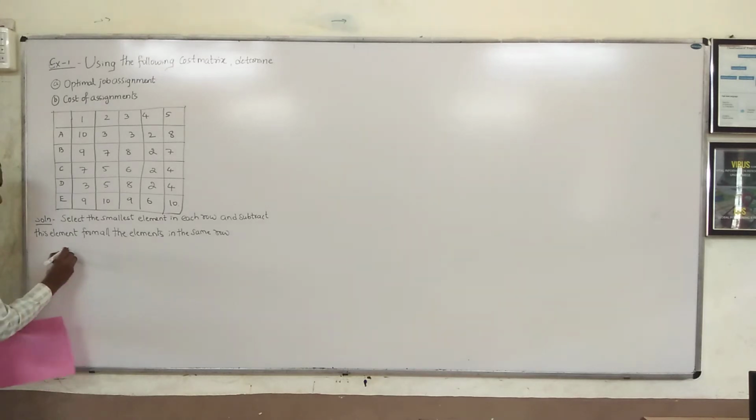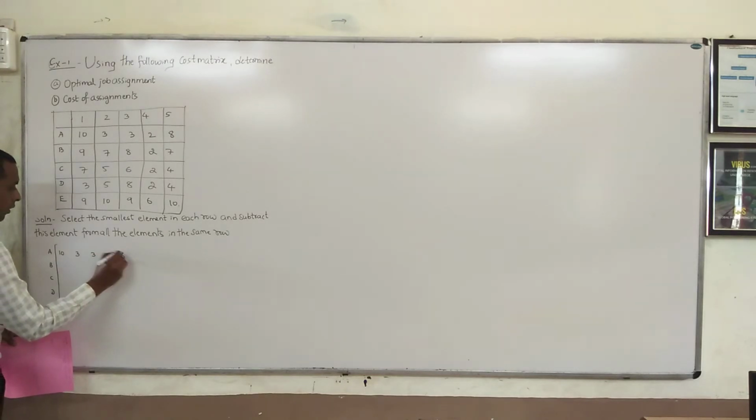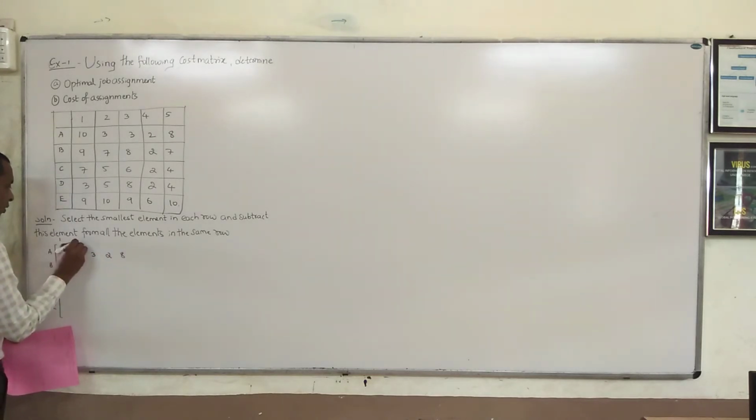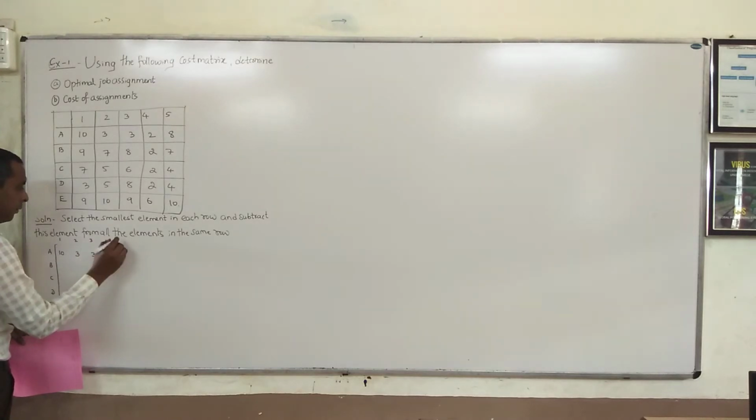So let me put it in the matrix. Let me write this is A, B, C, D, so it is 10, 3, 3, 2, 8, and rows 1, 2, 3, 4, 5.